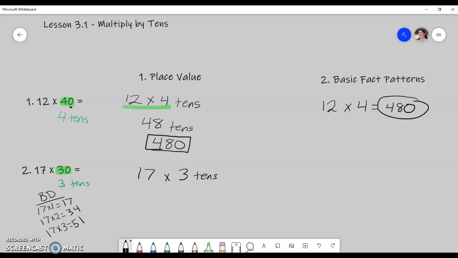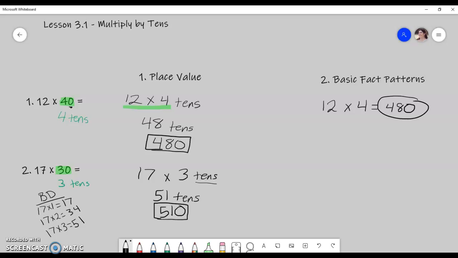So that means 17 times 3 is 51, but it's not just 51, it's 51 tens. And then again, because we think about that as tens, we're just adding a 0 because it's the tens place. We need that placeholder 0. That makes it 510 is our final answer.